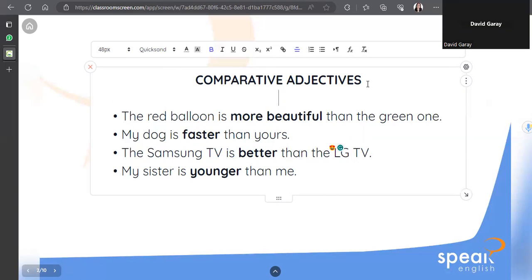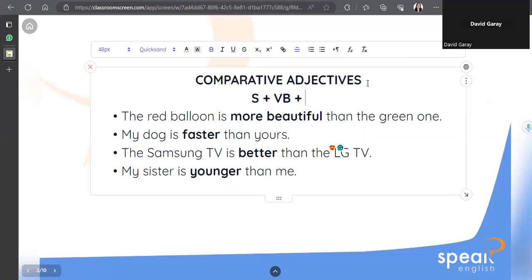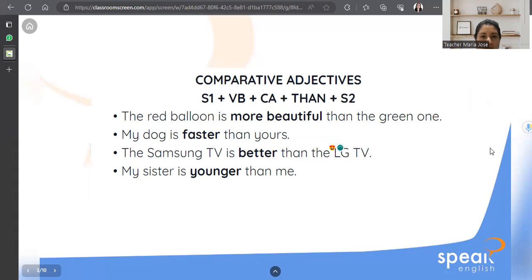Subject, plus verb to be, plus comparative adjective, plus than, plus subject. Okay, very good. Excellent, we got it.